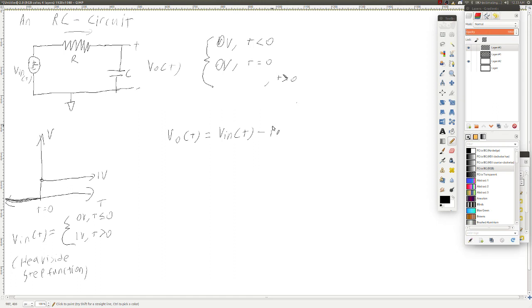So we're going to have I times R. But wait, the current through this resistor is the same as the current through this capacitor, according to Kirchhoff's current law. That means that we can substitute the equation for the current in a capacitor, which, if you'll remember, is IC equal to C times dVc dt.